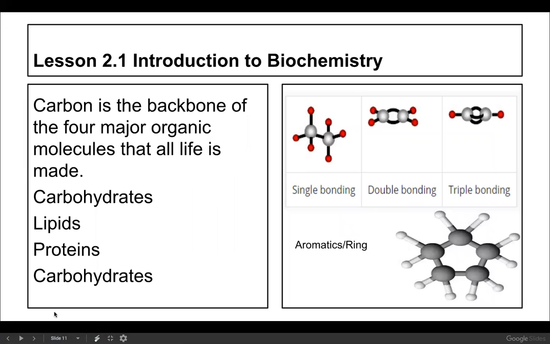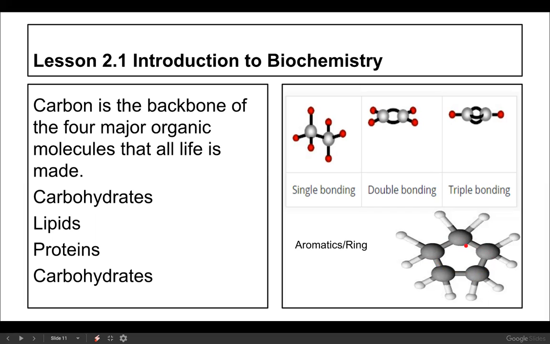If you look at the picture, this right here is a single bond. This carbon and this carbon are connected by two bonds, this black one here. And these two carbons are triple bonded. You can see three different bonds connecting them, okay? It also has the ability to form the aromatic ring, which could be 5 or 6 atoms, or even more.